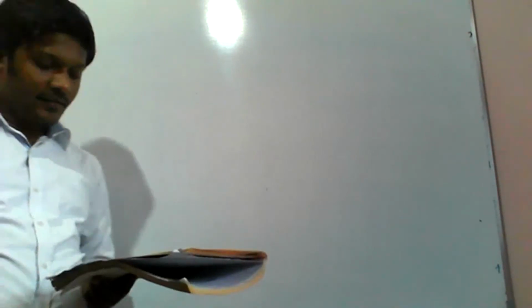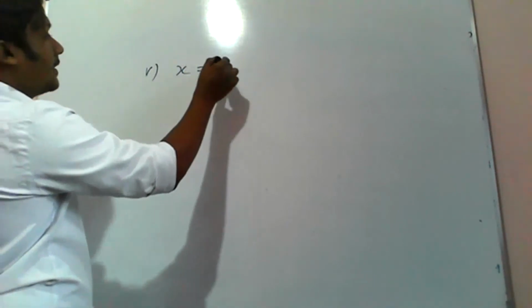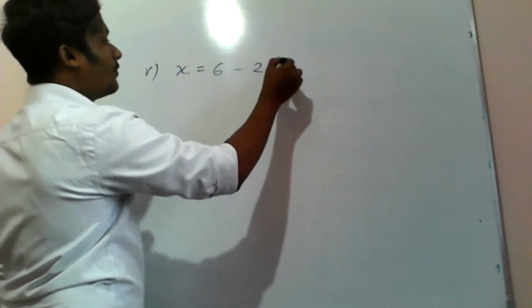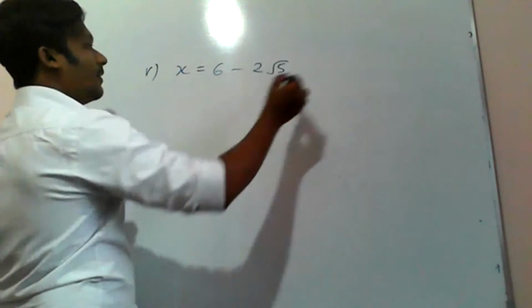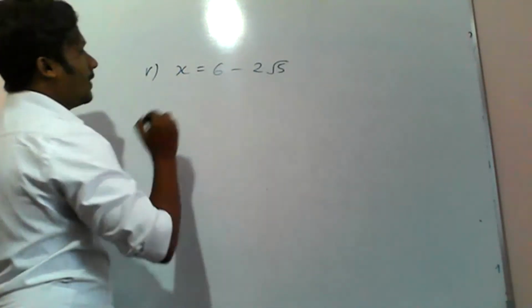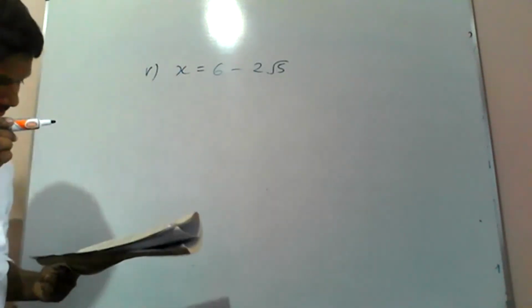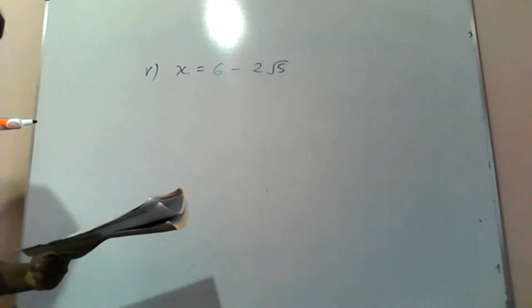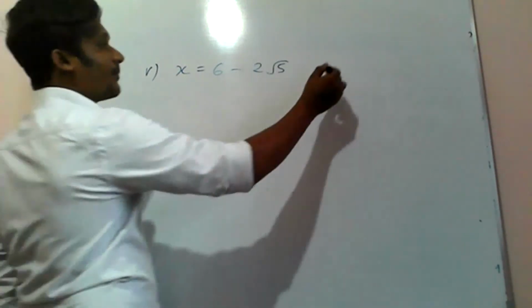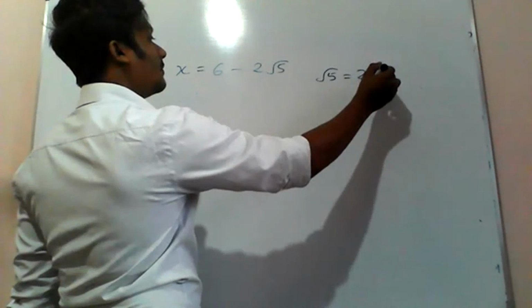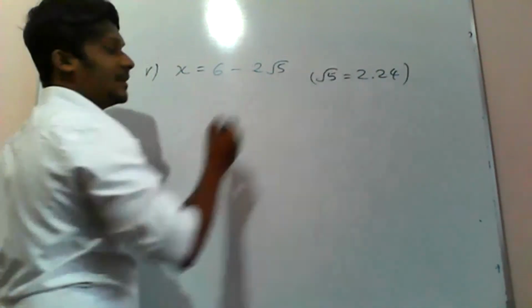Last part. Okay, by taking the value of root 5 as 2.24, find the value of x. Now we know from part 5, x equals 6 minus 2 root 5. Right, then we use root 5 equals 2.24. This is the data.